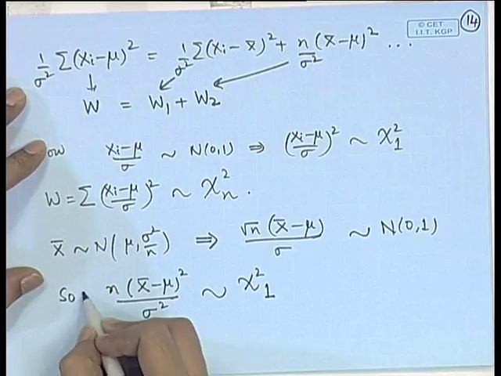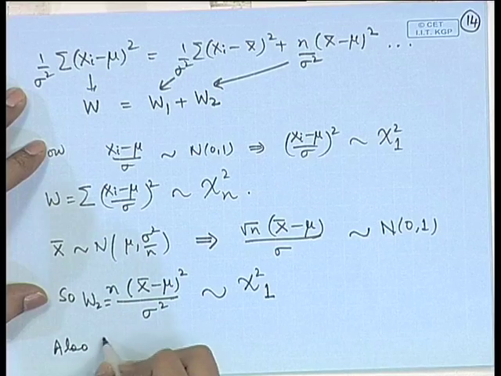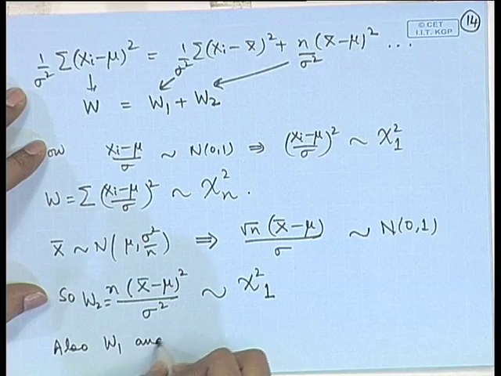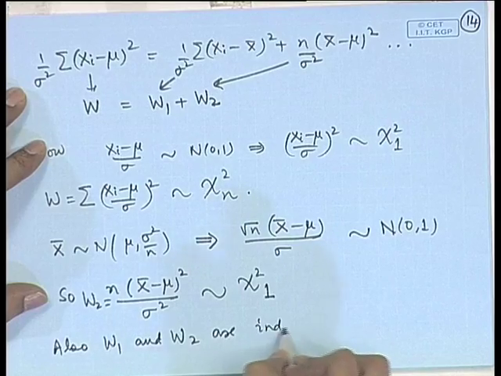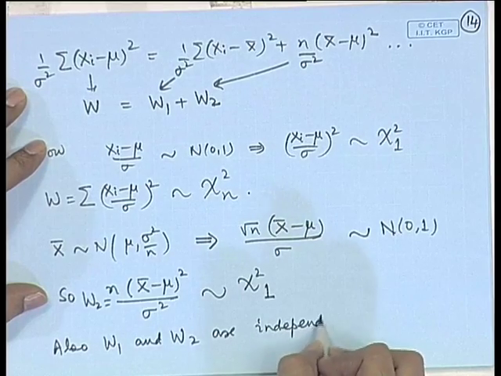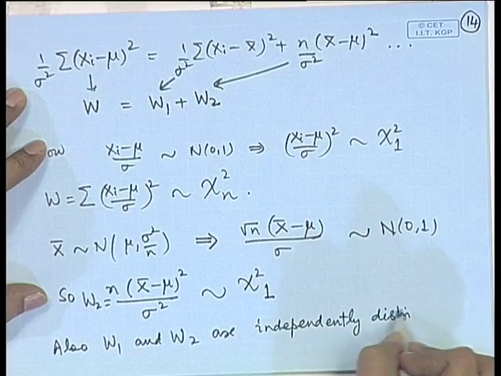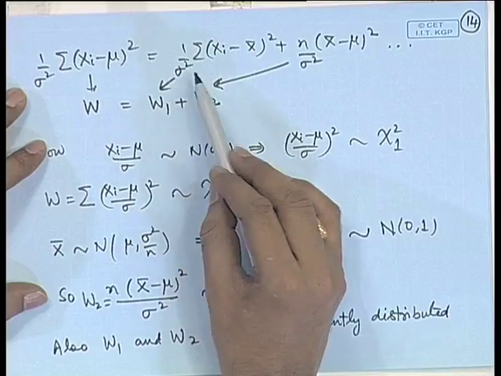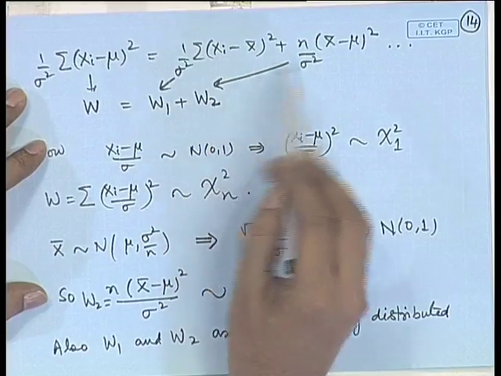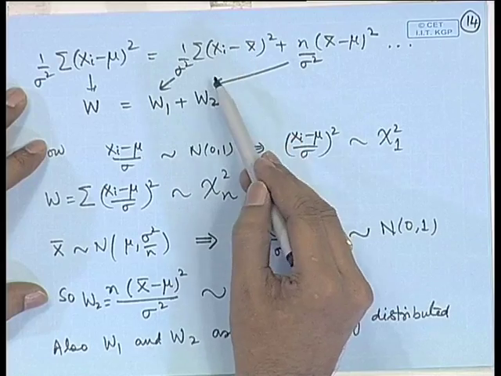This is w 2 variable. Also, w 1 and w 2 are independent, because w 1 is a function of s square and w 2 is a function of x bar. We have already proved that x bar and s square are independent.